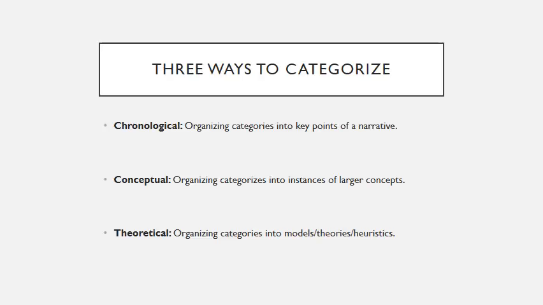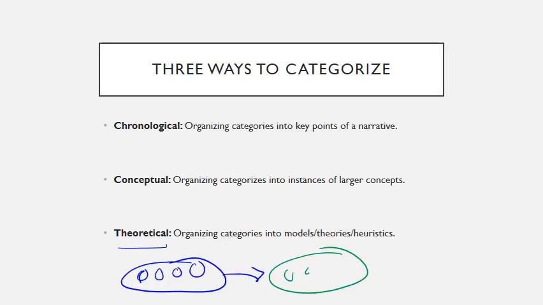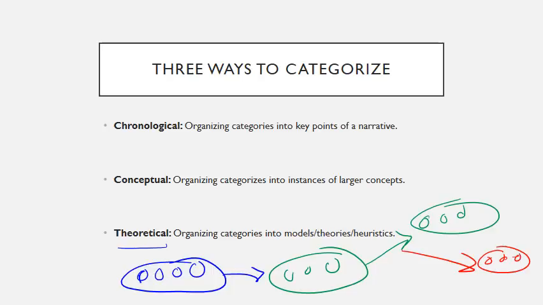Or, and the best kind of categorization to do is theoretical, where you organize the categories into models, theories, or heuristics. So what you might say is, in this category of codes, this actually leads to this, and this actually causes either this or that, and if that happens, you get this again.